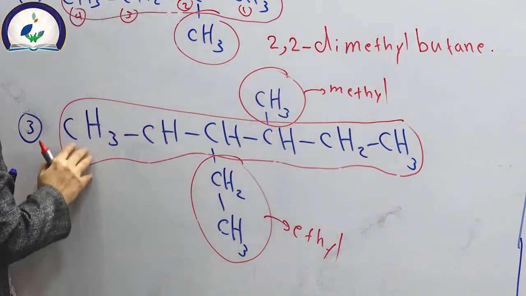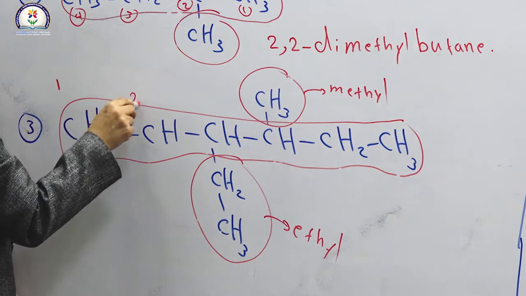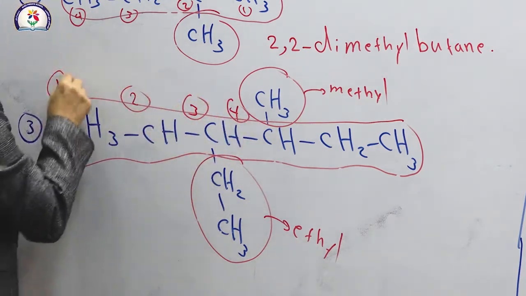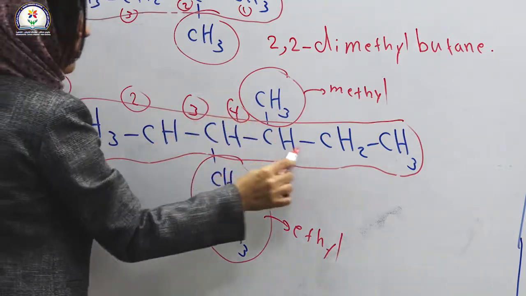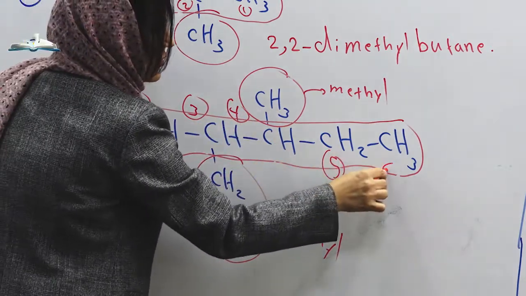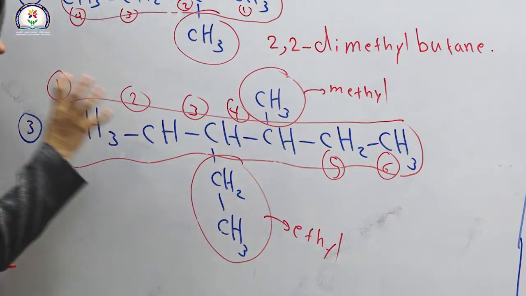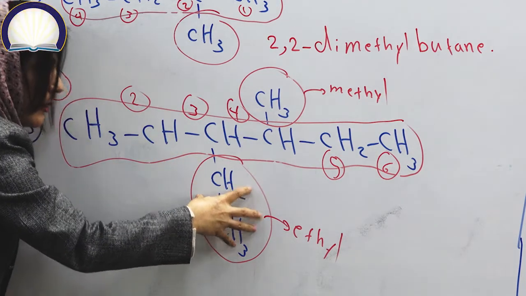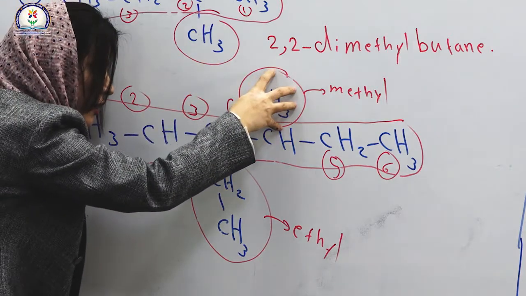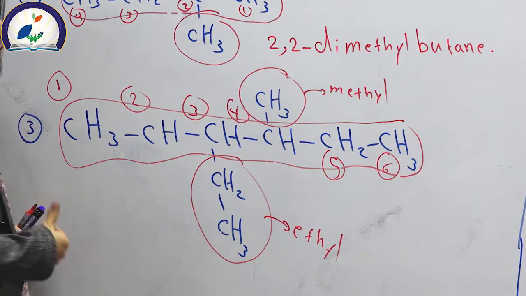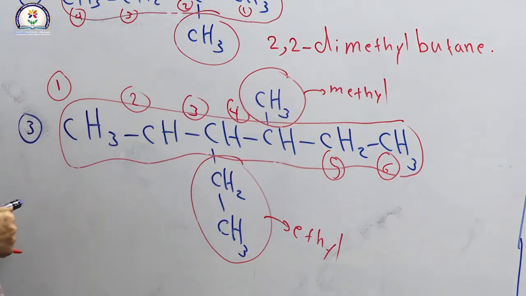Always from this side: 1, 2, 3, 4, 5, 6. You have to locate the place of ethyl before the place of methyl because E comes before M according to alphabetical order.